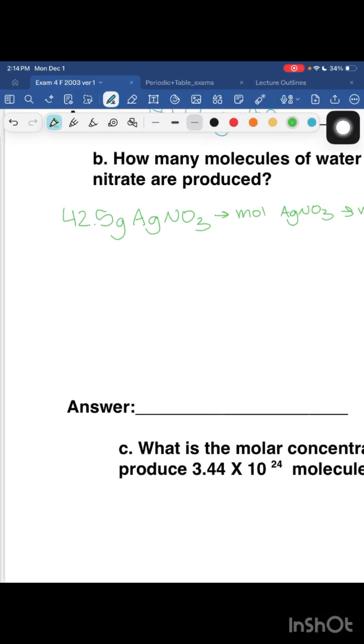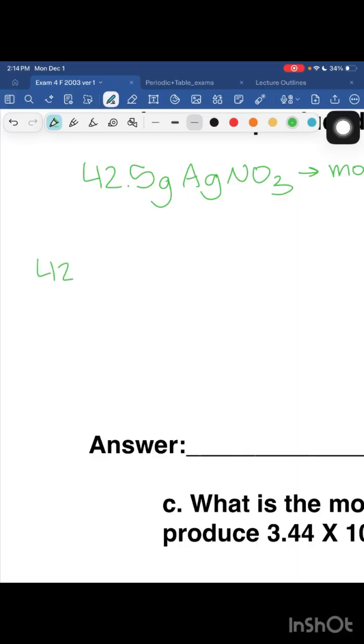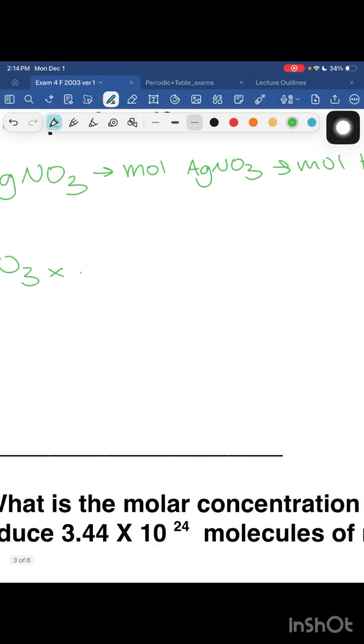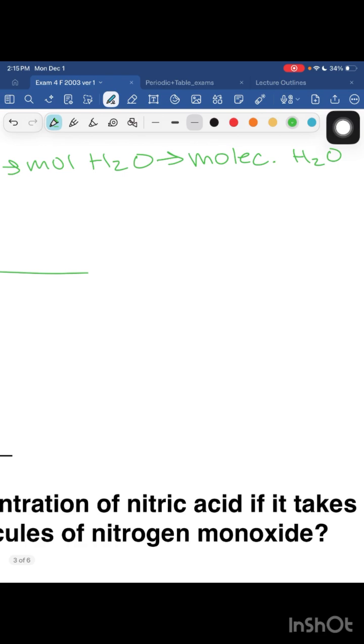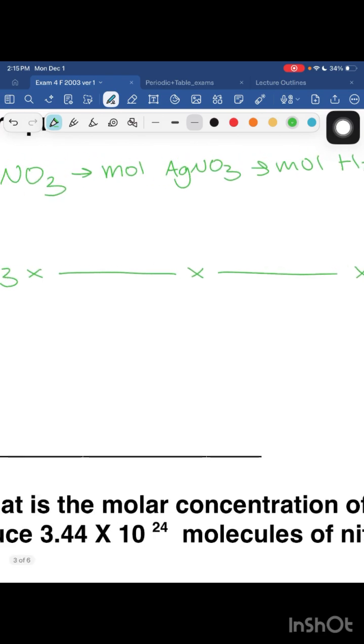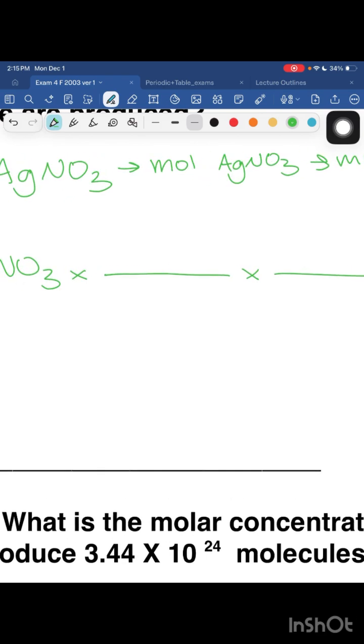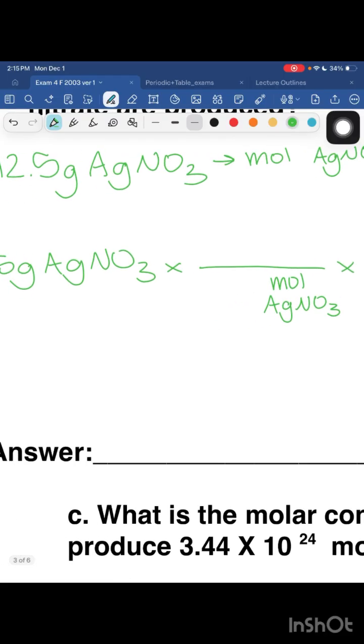So when we do our final, we have 42.5 grams AgNO3. Let's do our units for everything first. For every arrow you have, you're going to have a multiplication. So we have grams to moles of AgNO3.